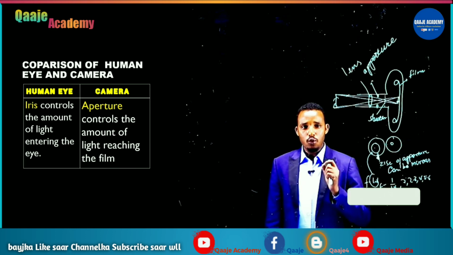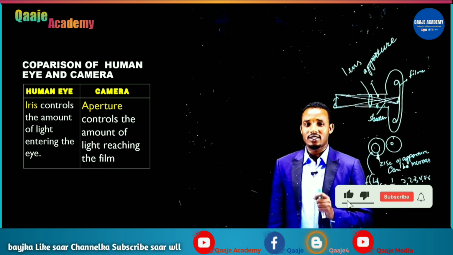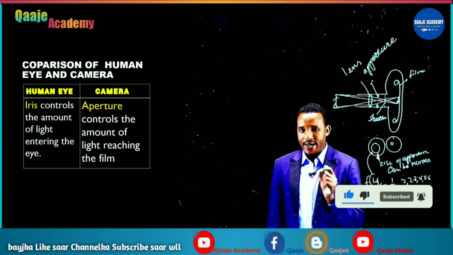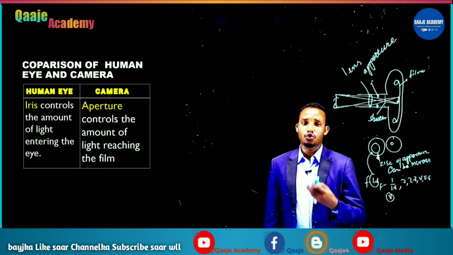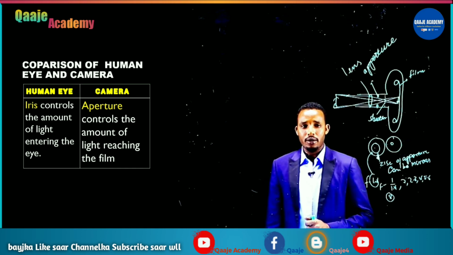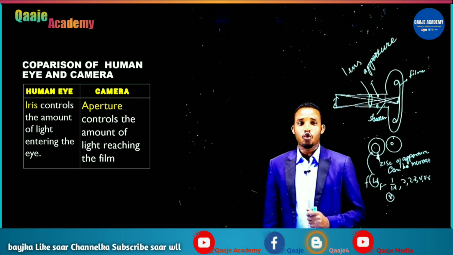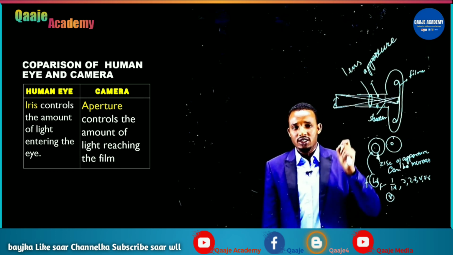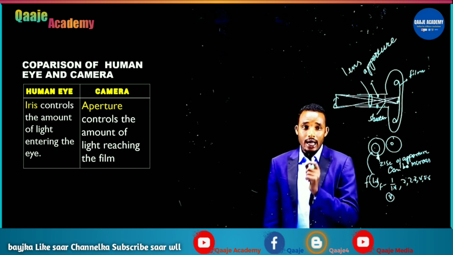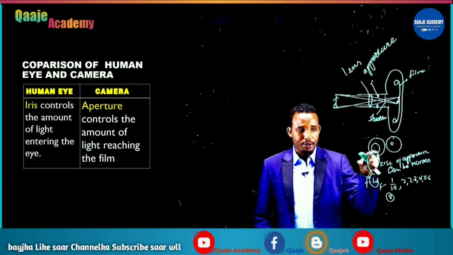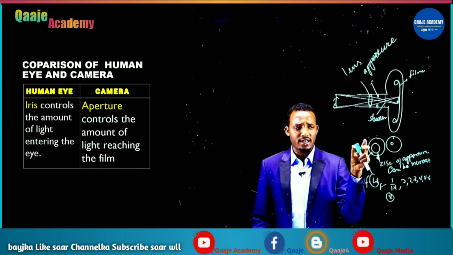Waayahay, iris waa human eye. Human eye, iris controls the amount of light entering the eye. Isha ilayska galaya waxa maamula iriska. In camera, the amount of light entering the camera and reaching the film is controlled by the aperture. So aperture controls the amount of light reaching the film in camera. Kamarada daloolka aperture-ka, the size of the aperture controls the amount of light entering the camera.